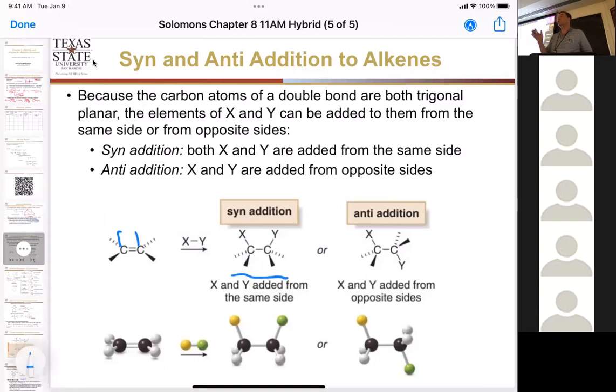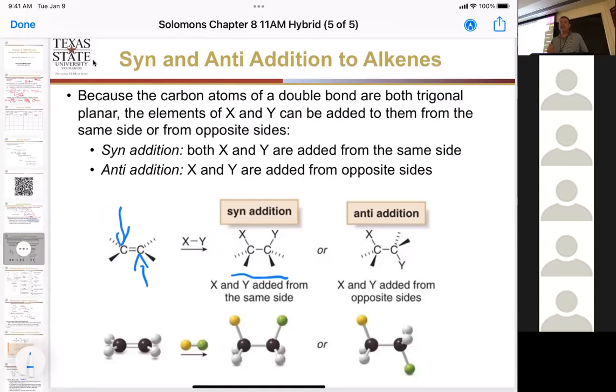So that controls your stereochemistry and your regiochemistry, right? Because whatever your groups were in the alkene, they are still in those positions when they form the new tetrahedral carbon structure. The other thing that we can do here is we can actually add 1 to one side and then 1 to the other side.